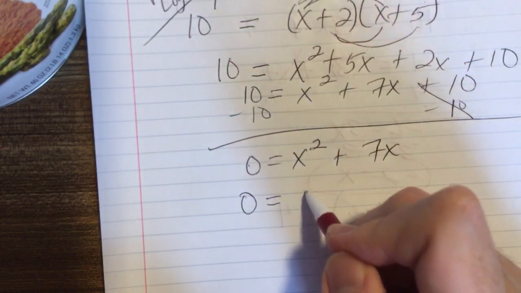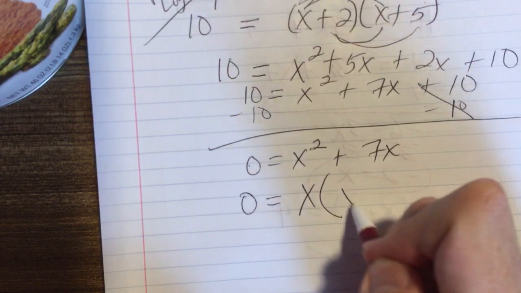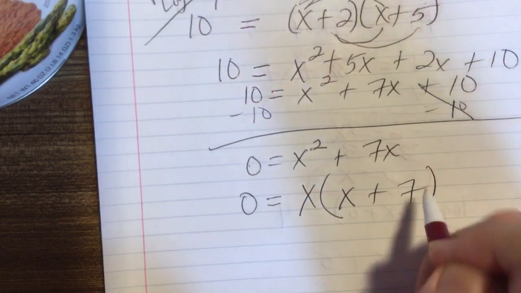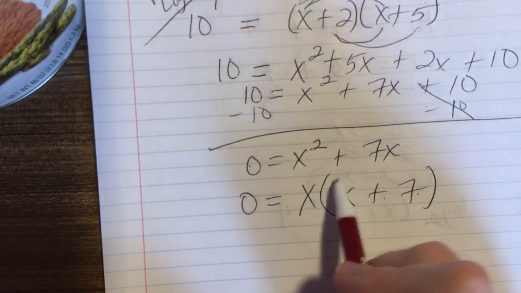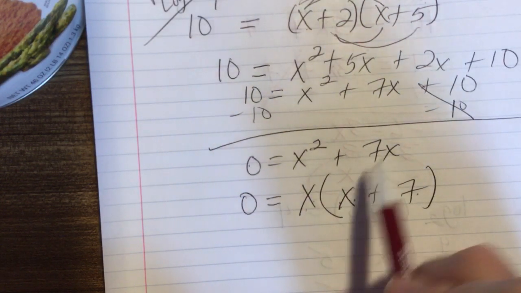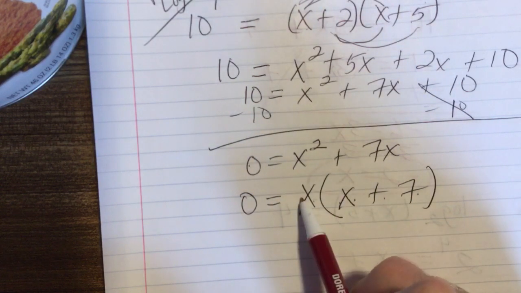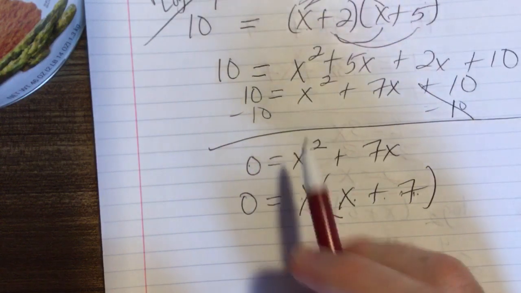We can use GCF factoring and divide an x out of both of these terms, leaving us with x plus 7. The way that I got x plus 7: x is your GCF out of those two terms. Then you take x squared divided by the GCF x and get x. Take the 7x divided by the GCF x and get 7.